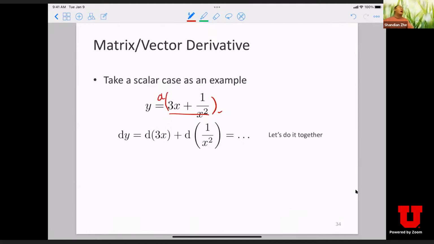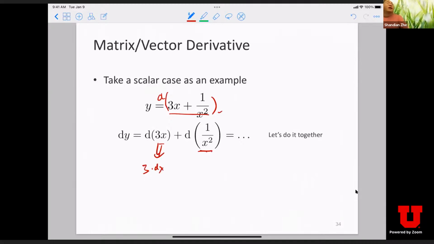I think it's a fundamental rule that you react instantly: you decompose it as d of 3x plus d of 1 over x squared, because there's a summation of two terms, and the derivative of a summation is the summation of the derivatives. For the first term, because it's a constant multiplied by a variable, we can just move the constant outside. So this is 3dx, right?